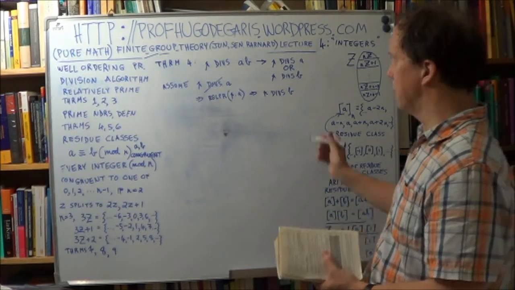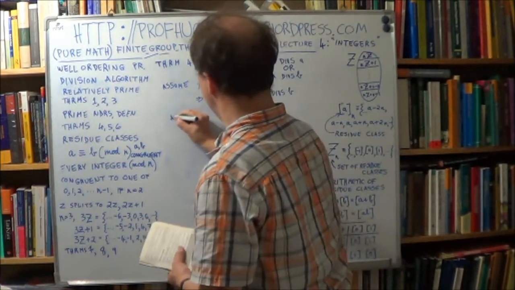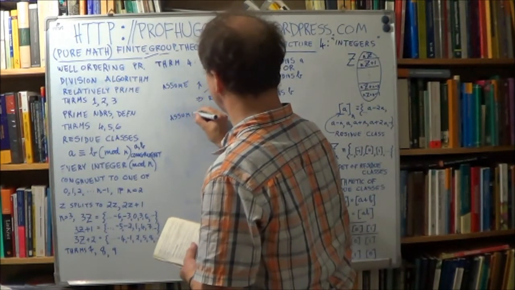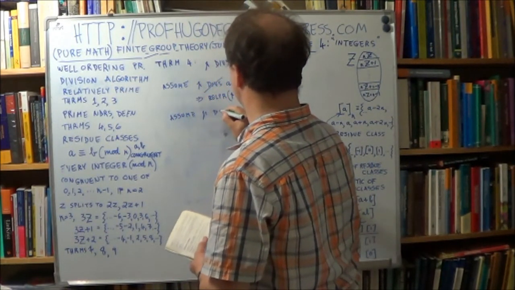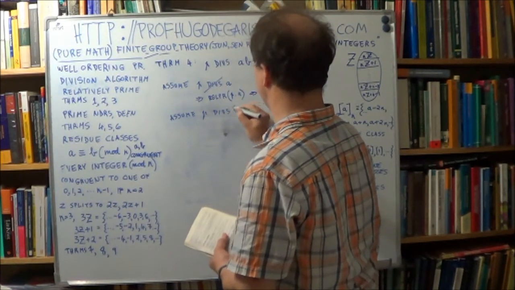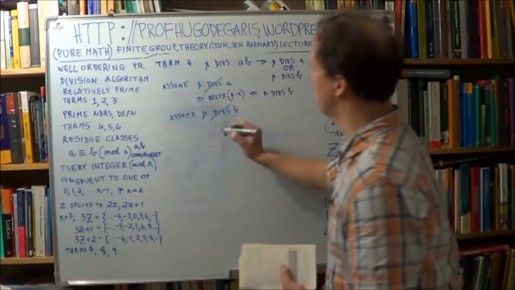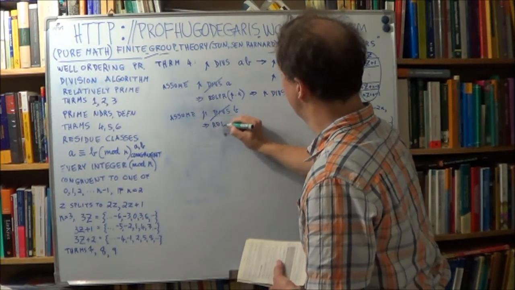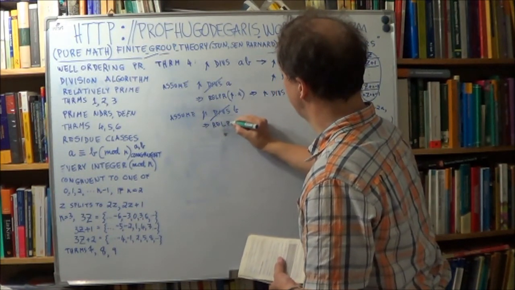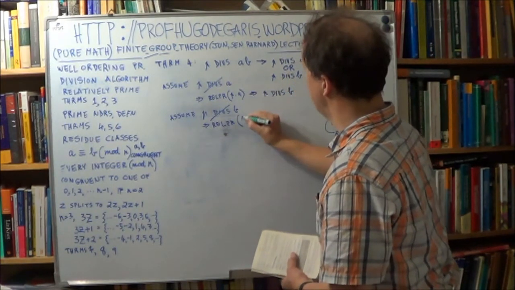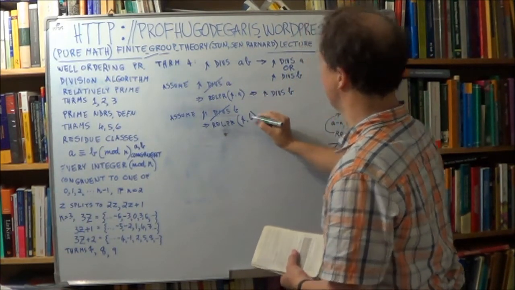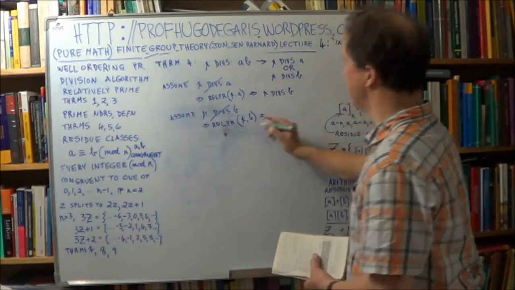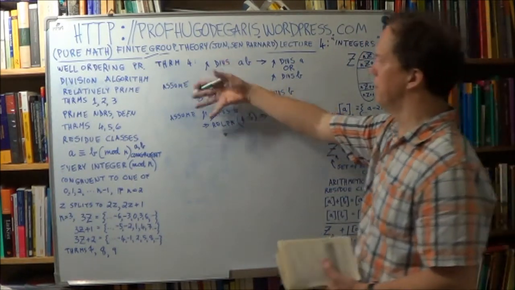Now we can go the other way. Assume now that P does not divide B. With very similar logic, that means P and B are relatively prime. It's just the same logic as here.